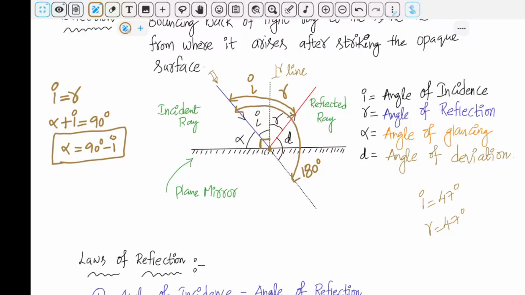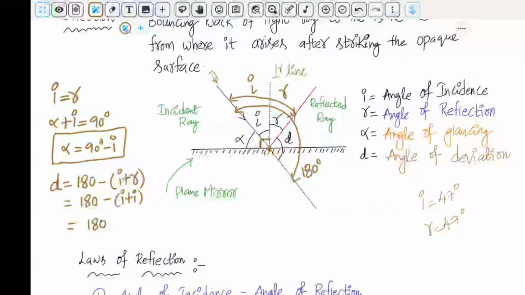Therefore, from the diagram I can write that angle of deviation D is equal to 180 degrees minus (angle of incidence plus angle of reflection). Now from the first law, we know that angle of incidence is equal to angle of reflection. In that case, we can write angle of deviation as 180 minus (I plus I). So I plus I is 2I, therefore it is 180 minus 2I. This is the angle of deviation. This is the relation between angle of deviation and angle of incidence.